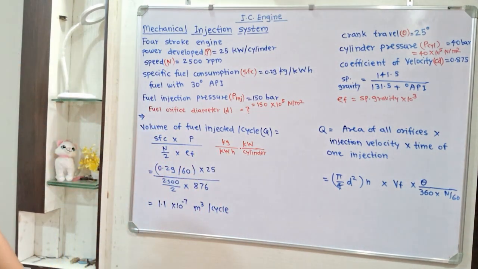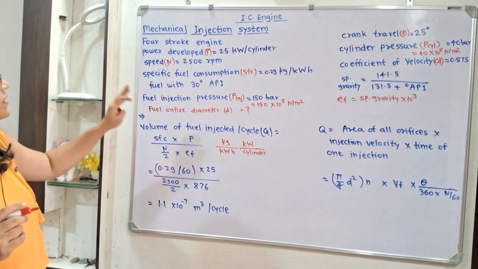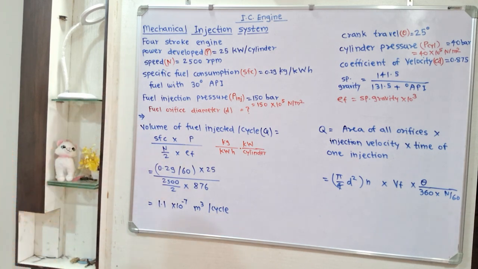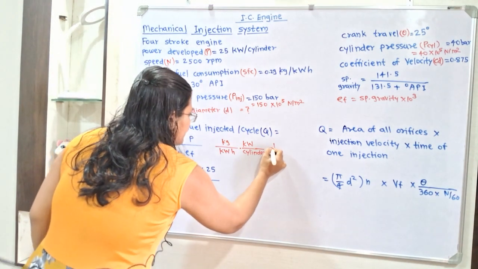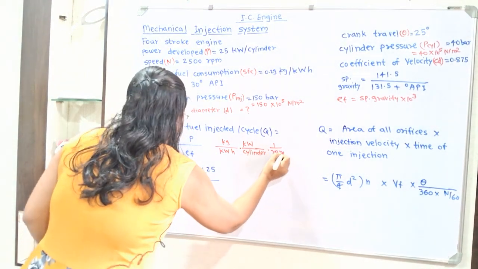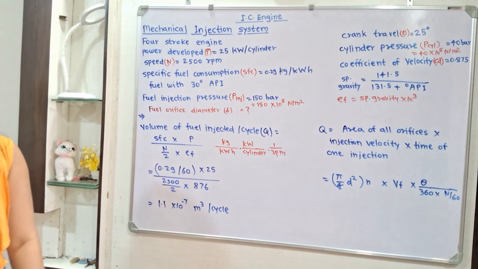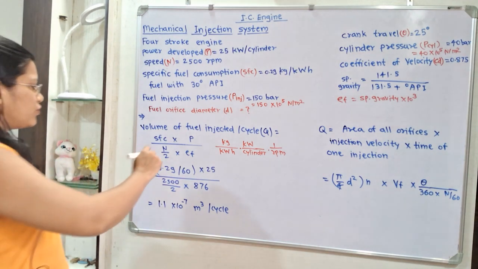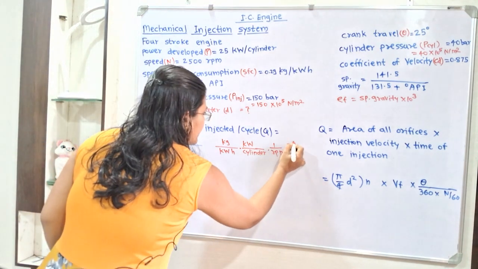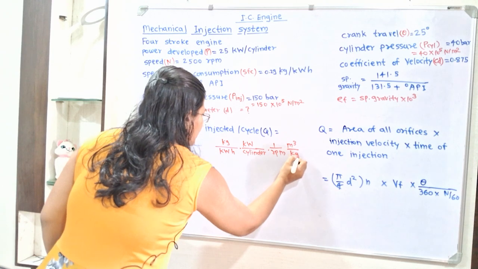Capital N by 2, here N is given in RPM, that is the speed, so it is in denominator. So simply we will take here RPM, and density of fuel. Density of fuel is always in kilogram per meter cube, and it is in denominator, so we will take meter cube per kilogram.